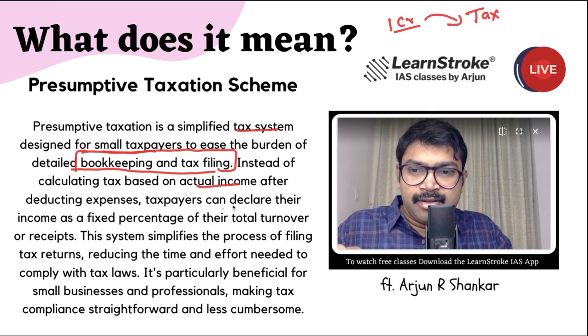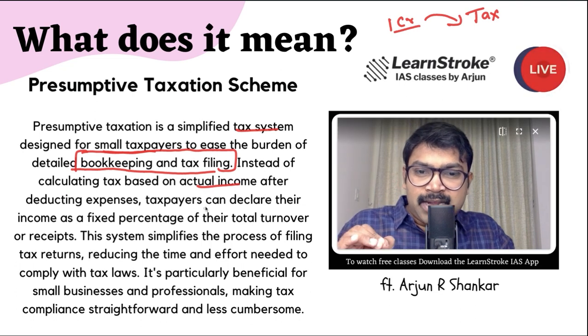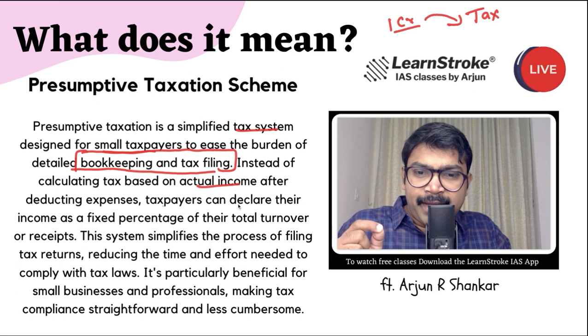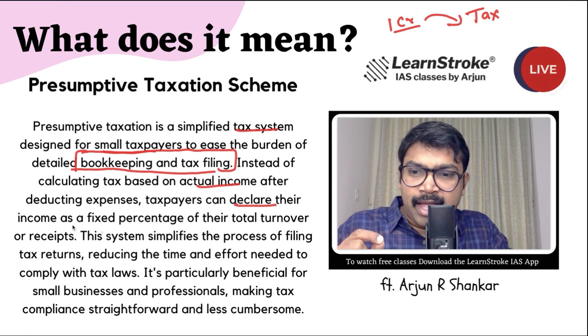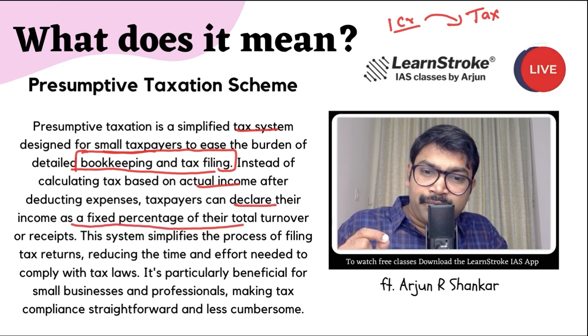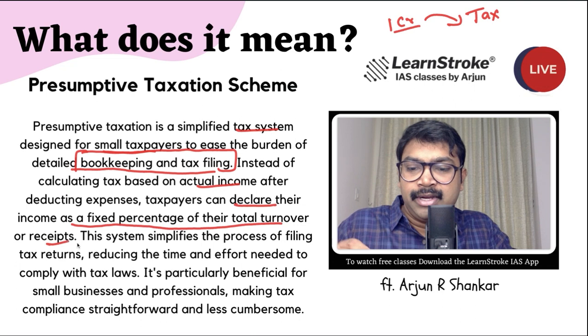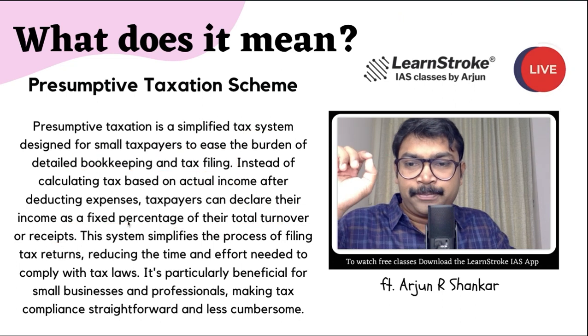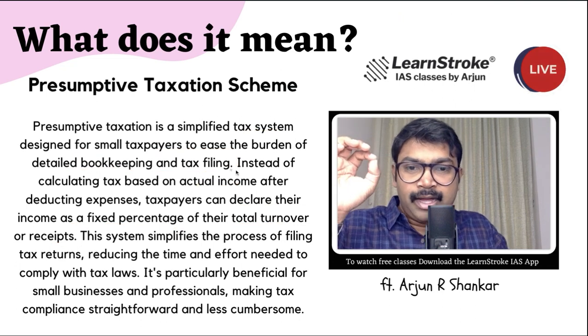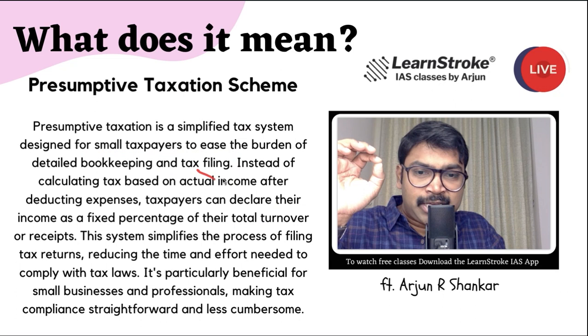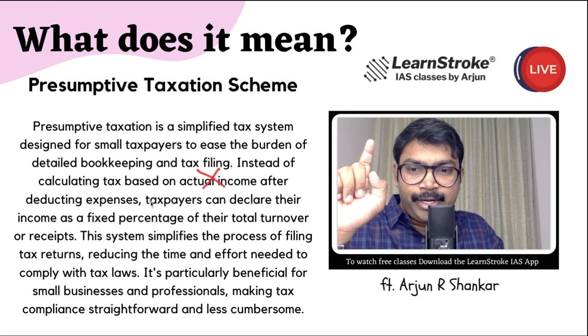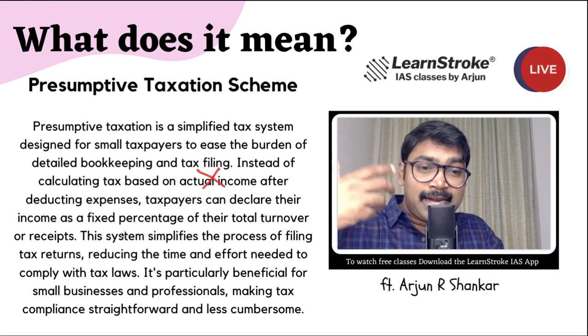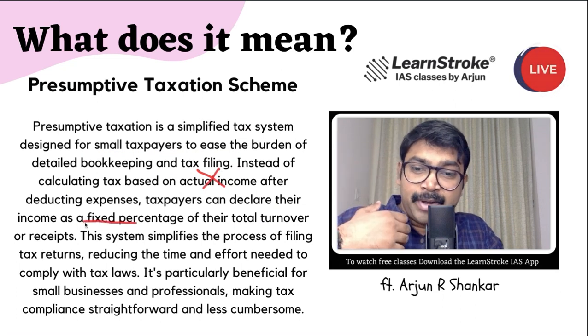Let's imagine that taxpayers can declare their income as a fixed percentage of the total turnover or receipts. This is presumptive taxation. You can declare the income as a fixed percentage of your total turnover or receipts.